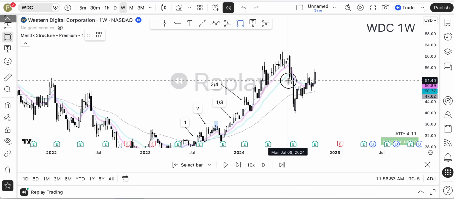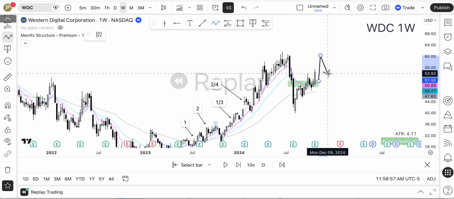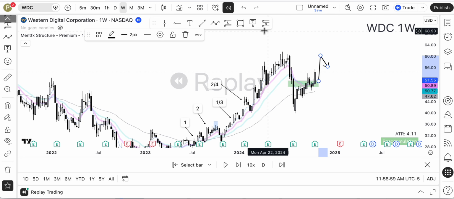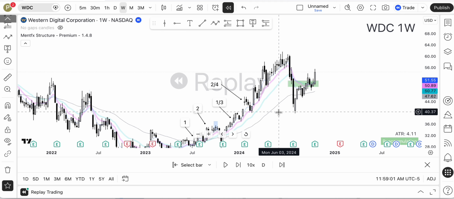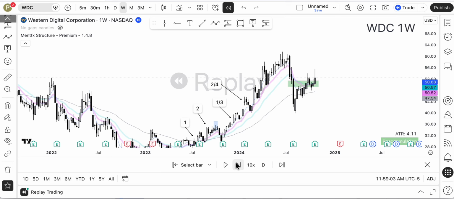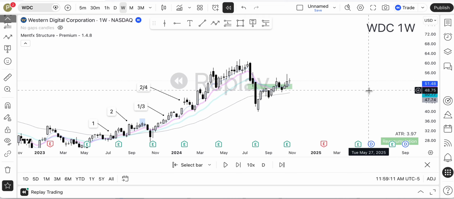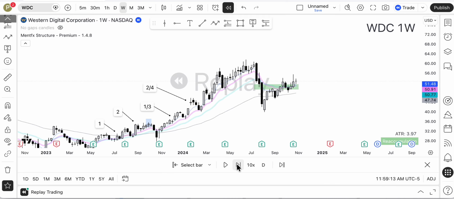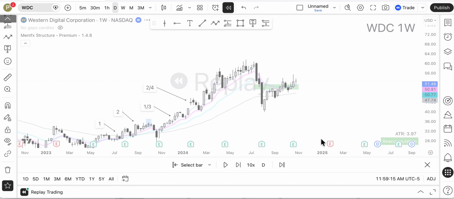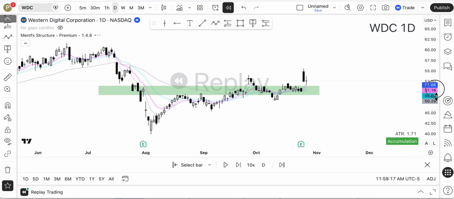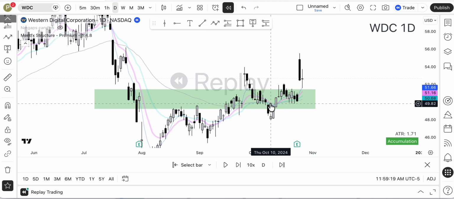To me, this is like a stage 1. So if I get a pullback like that, that will be my real MMB1. Oh, sorry, this is the weekly time frame. So in that case, yes, okay.